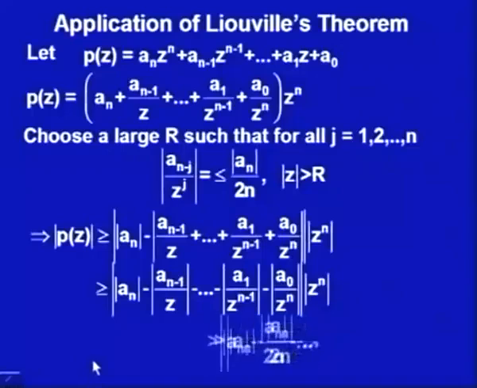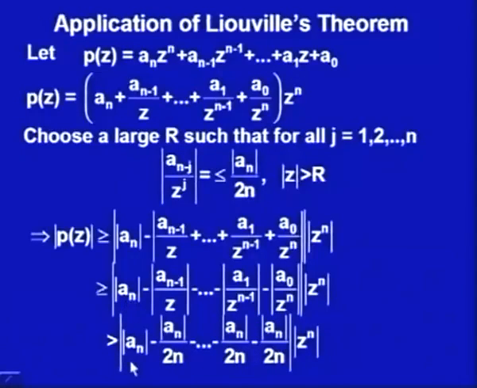So, this should be greater than |a_n| minus |a_n|/2n, and so on. Everything I am replacing with |a_n|/2n. Now, how many terms do we have? a_0 to a_{n-1}, that is n terms.